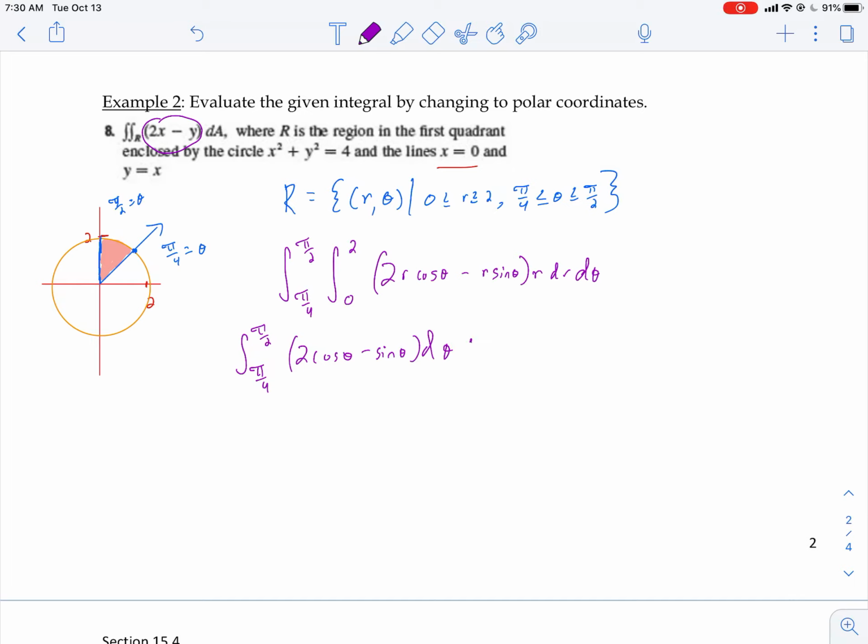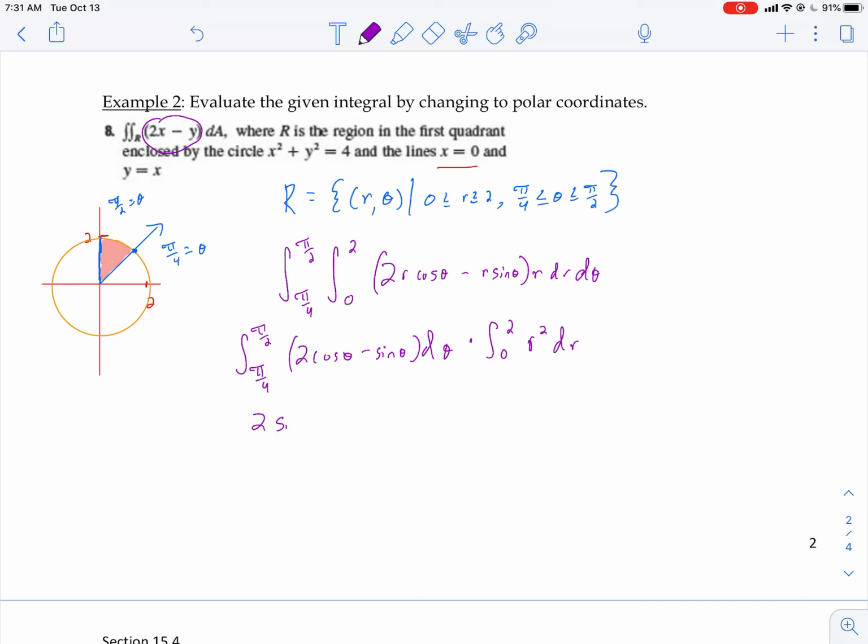And then on the other side, I can have from 0 to 2, r squared dr. I noticed there are just two functions multiplied, so I can pull the r out to be r squared and have 2 cosine theta minus sine theta. And because they're now each just one variable, I can separate that through multiplication and integrate these by themselves. And so let's go ahead and integrate.